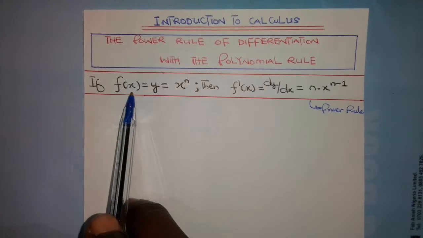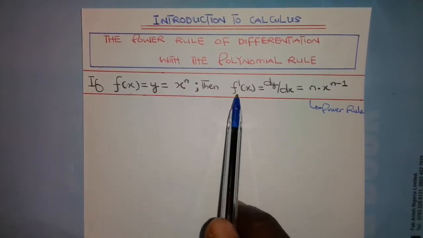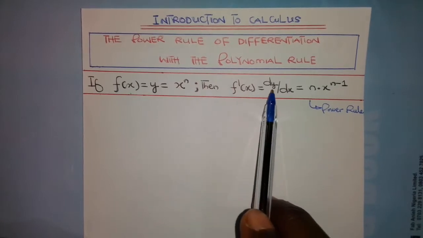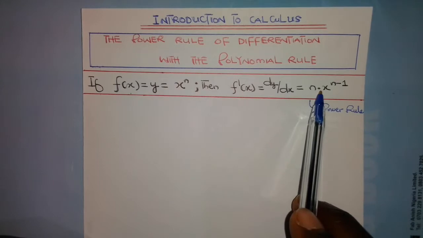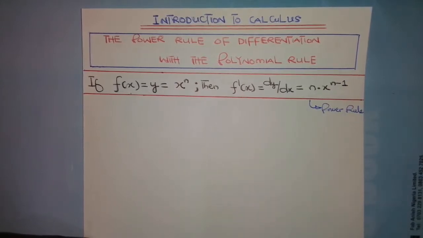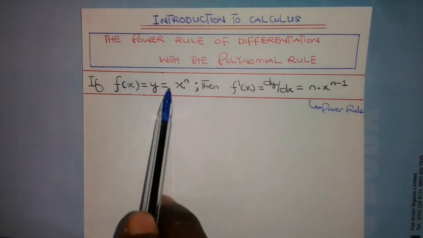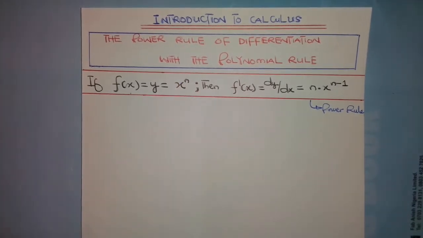So if f of x equal to y is equal to x raised to the power of n, then f prime of x, which is the same thing as dy dx, is equal to n multiplied by x raised to the power of n minus 1. So what that means is, if you have a function like this, it is actually called the power function.